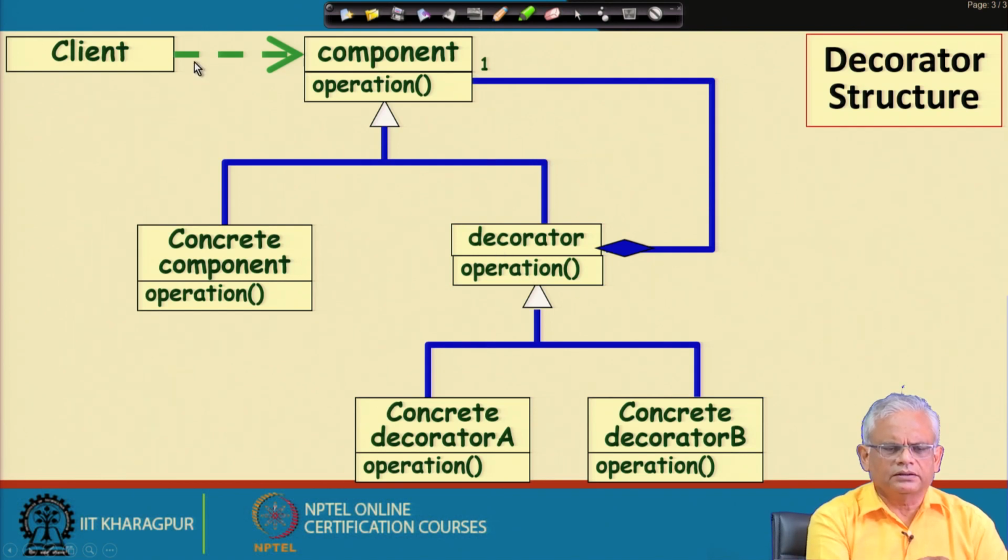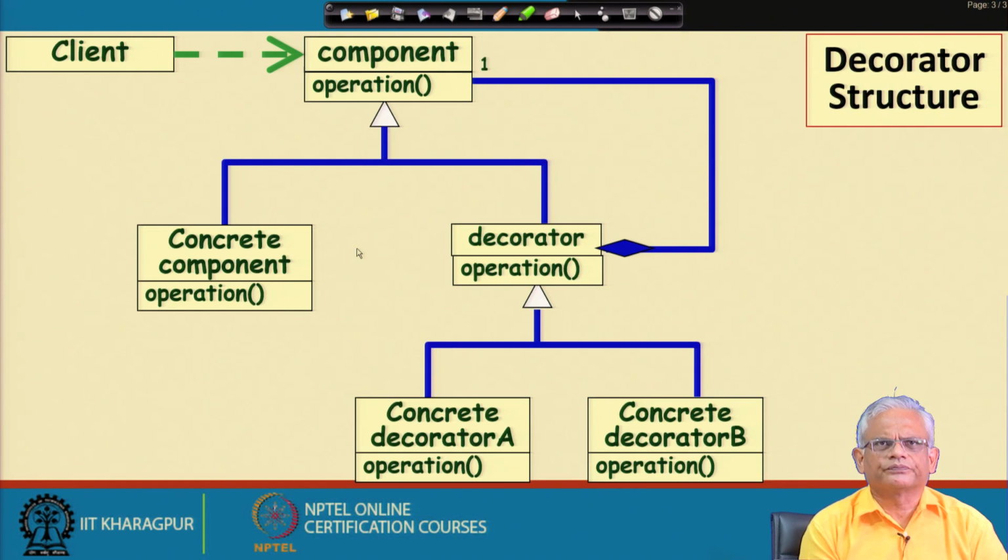The client cannot distinguish whether it is dealing with the concrete component or the decorator, and therefore, the decorators once added seamlessly sit on the concrete component and the client does not even know that it is dealing with something different.